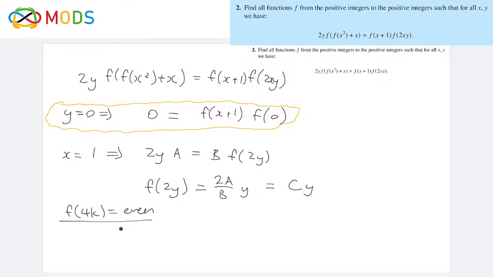Right, so your idea is to sub x is even. Wait, what's my idea? It is, right? Because then you can use what we just did on like this bit. Yeah.